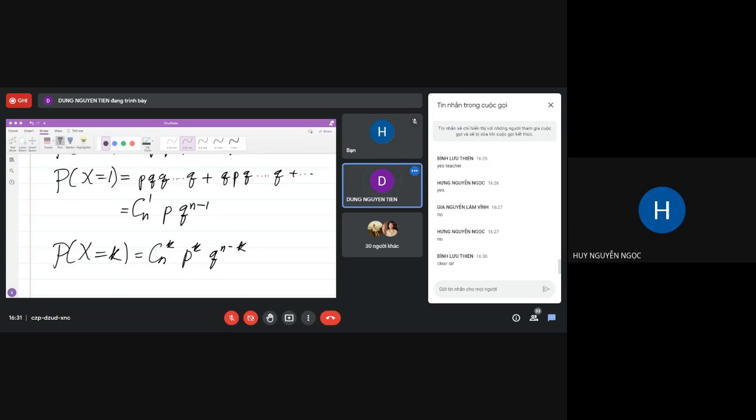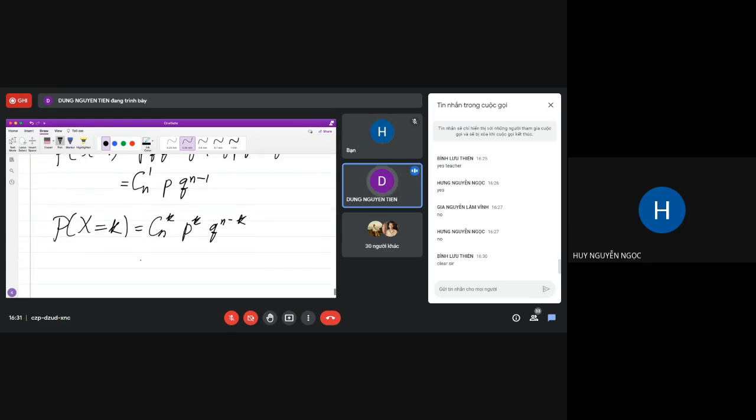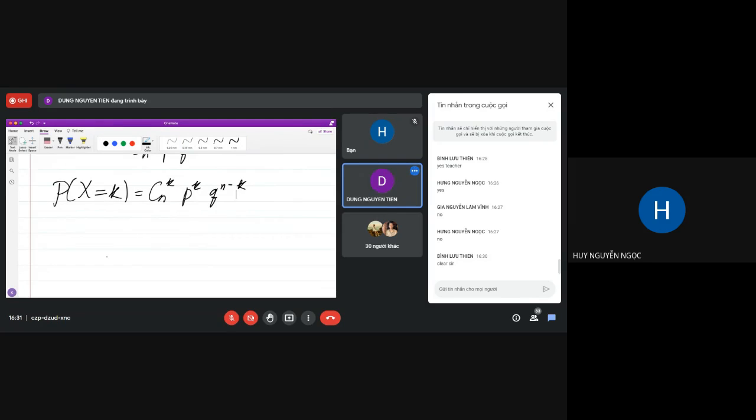All right. And then you can also find the mean and variance. Now suppose that X1 is 1 if you win the first game and 0 if you lose the first game. X2 is 1 if you win the second game and 0 if you lose the second game.